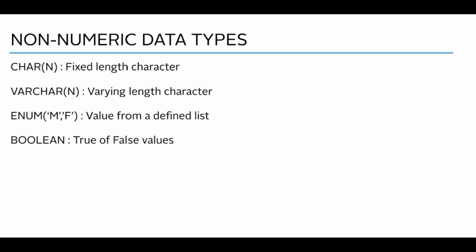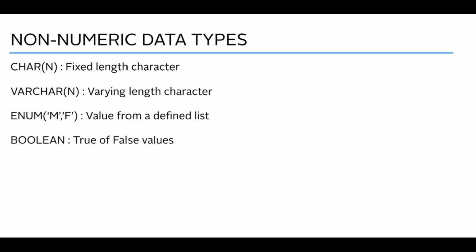So if you had char 3, every single value in that column will have to have a length of 3. So an example would be a currency column where you could have char 3 followed by USD, GBP, JPY, etc.